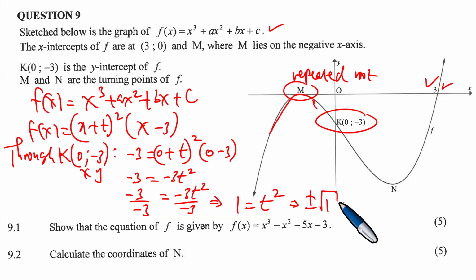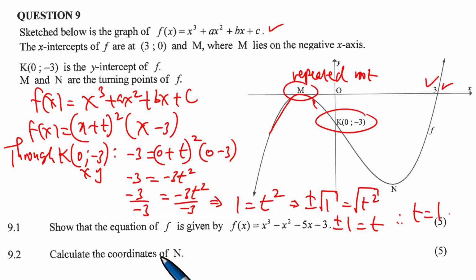Plus or minus the square root of 1 equals the square root of t squared, which is plus or minus 1 equals t. At this point, it means that t equals 1.